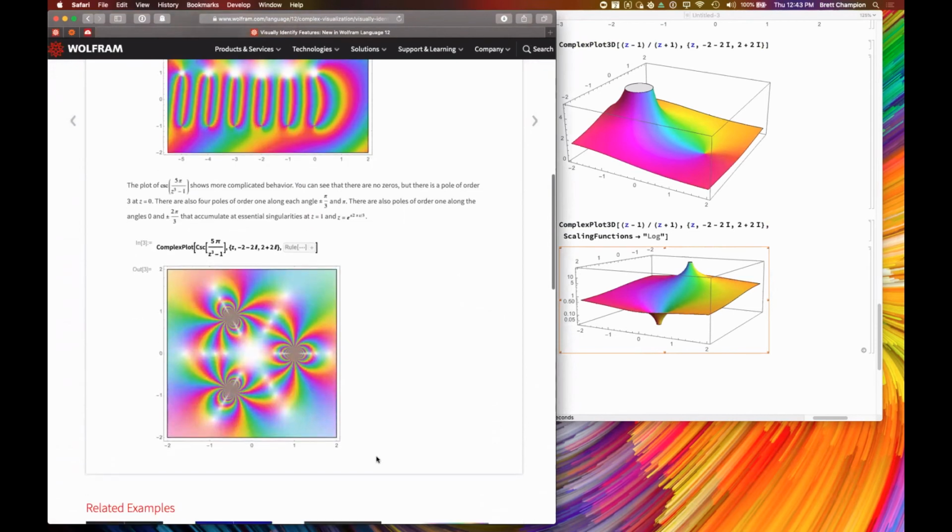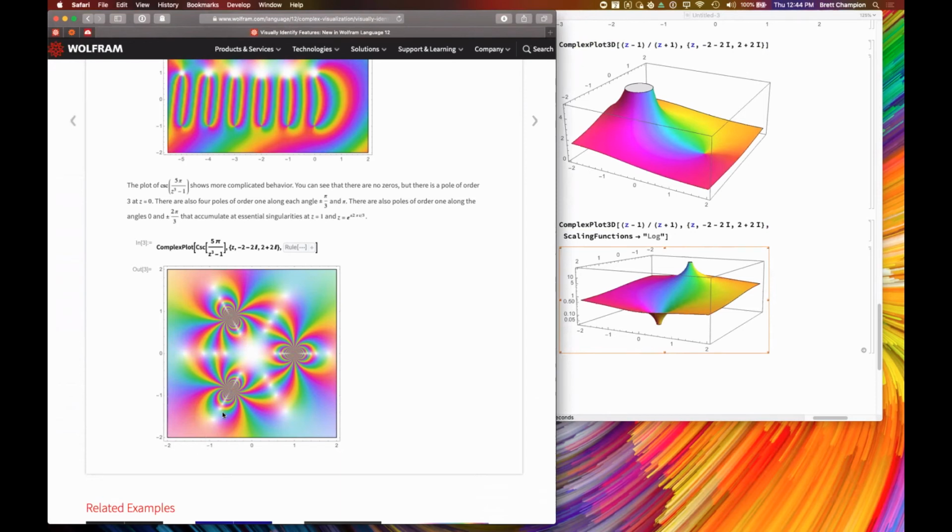And so you get this really interesting looking plot. We have some poles coming off on these diagonals, in 3 different directions.